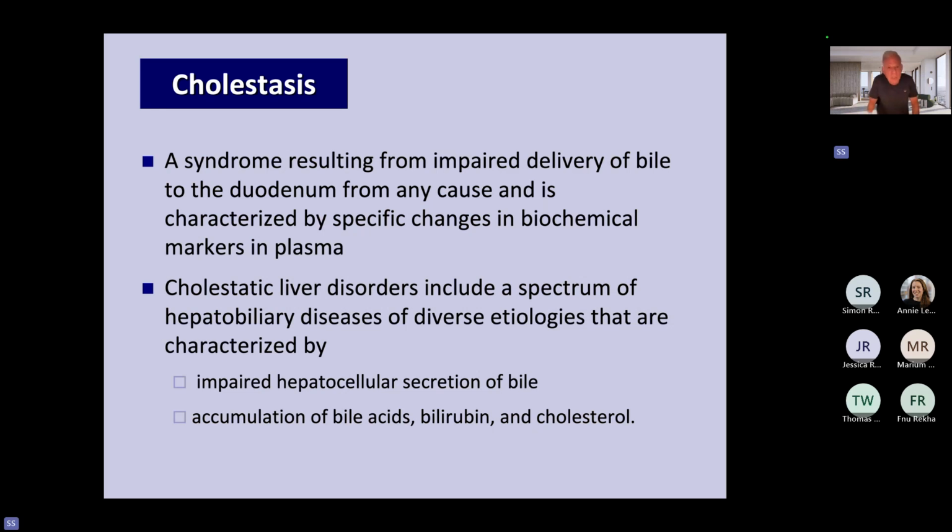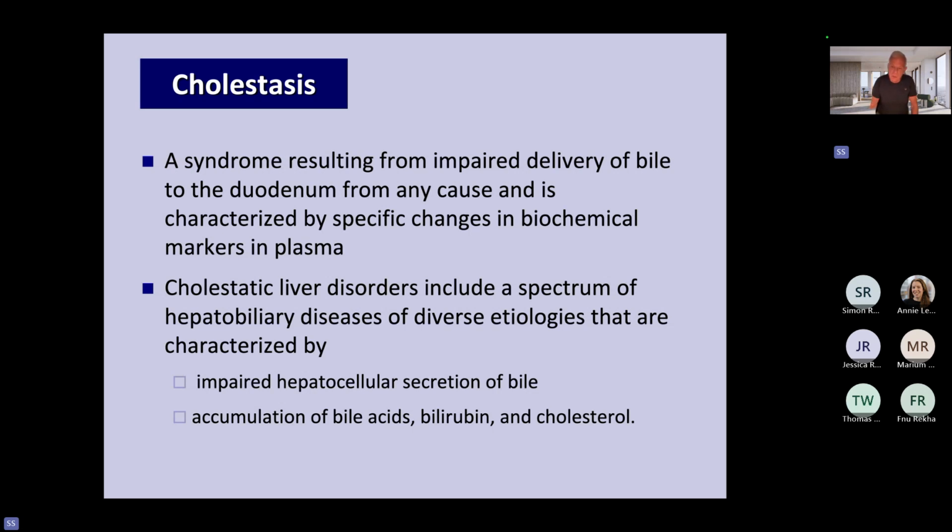So once we decide that this is cholestatic, we have to understand what cholestasis is. Cholestasis is a syndrome resulting from impaired delivery of bile to the duodenum from any cause, and is characterized by specific changes in biochemical markers in the plasma.